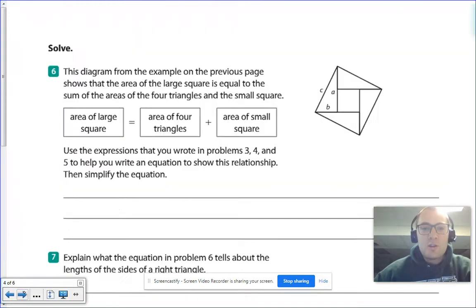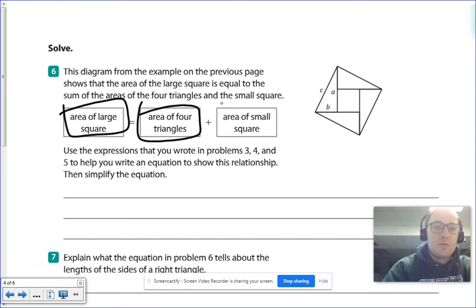So if you turn the page, number 6, it says that this diagram from the example on the previous page shows the area of the large square is equal to the sum of the areas of the triangles and the small square. So use those expressions that we did for 3, 4, and 5 to help us write the equation to fill in these boxes. And then we're going to simplify it all.